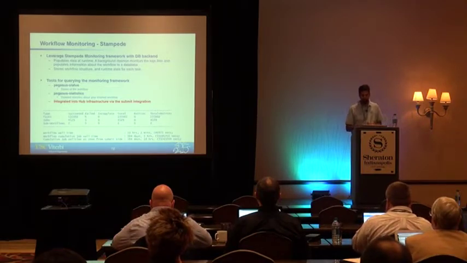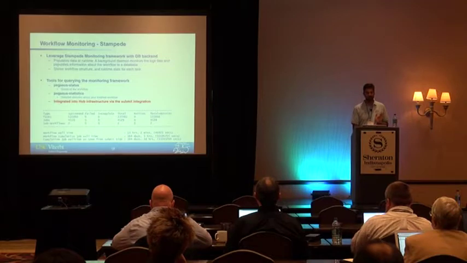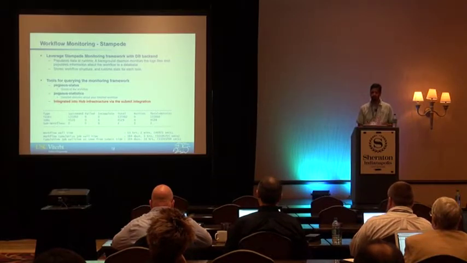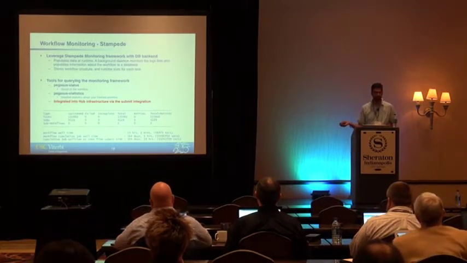And then we provide tools for querying the monitoring framework, like Pegasus status to get the status of your current workflow, figure out what jobs are running, how many have completed. Pegasus statistics gives you runtime provenance information as to how much compute resources your workflow took, what was the wall time. All this is integrated into the Hub infrastructure via the Submit integration.